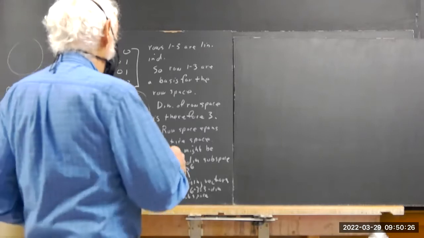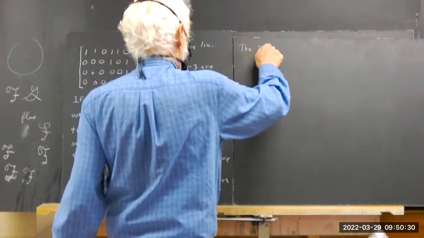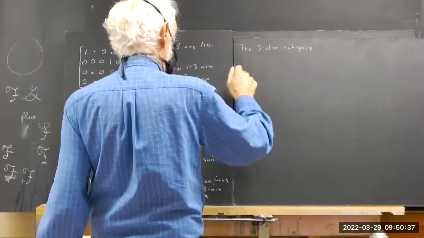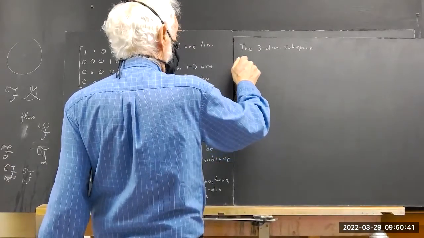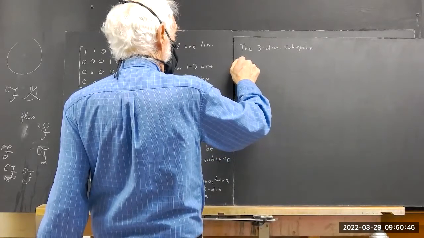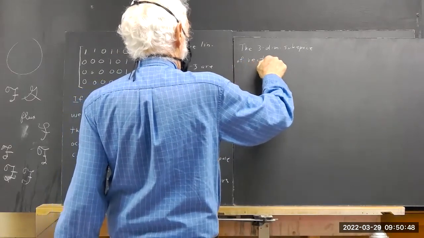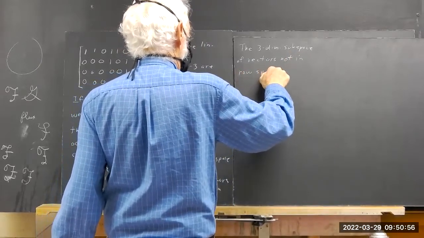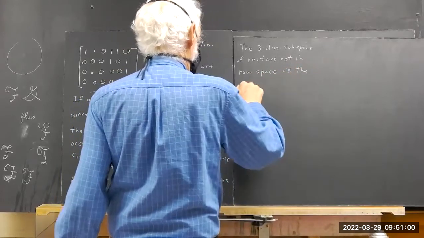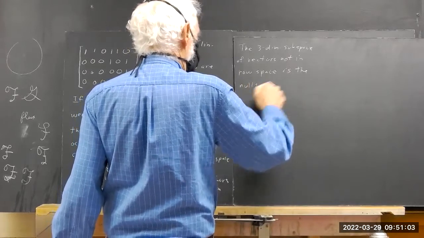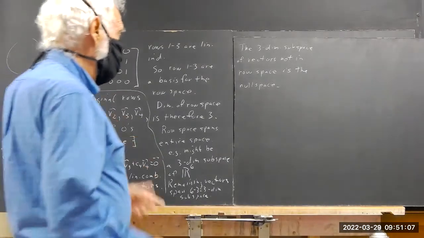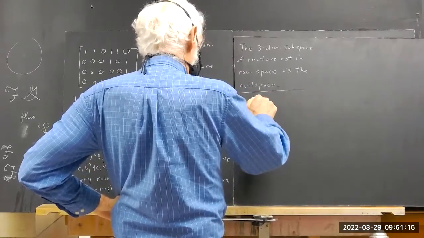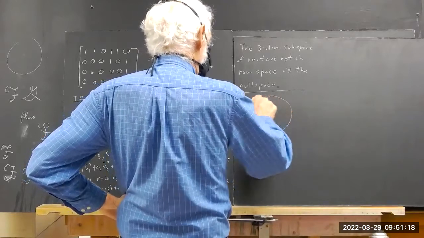Okay. So you can picture this space. Let's say you've got R6. Here's R6.